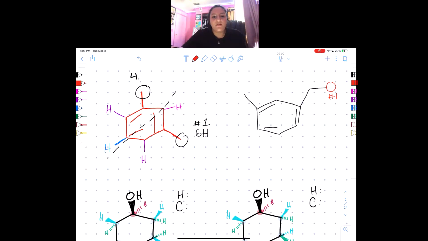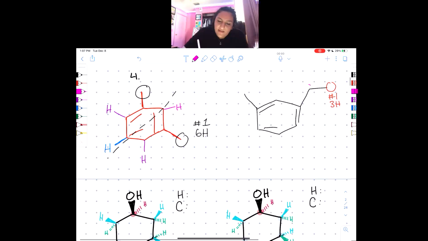And what is the integration of this signal? Okay, yes. So it's going to be 3H because there are 3 hydrogens in that signal.